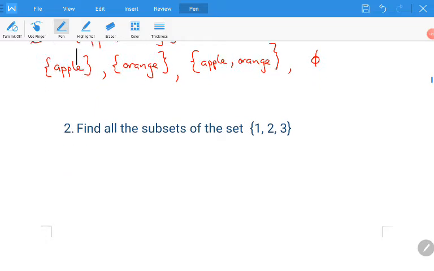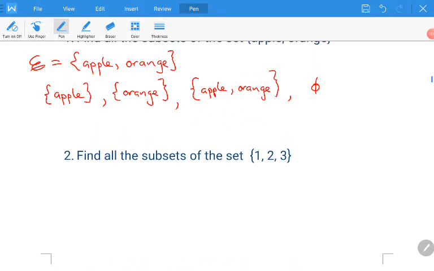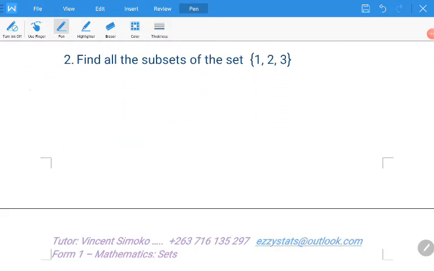Let's look at our next example, where we will be considering a set with 3 elements. So in this case, our universal set is equal to 1, 2, and 3.